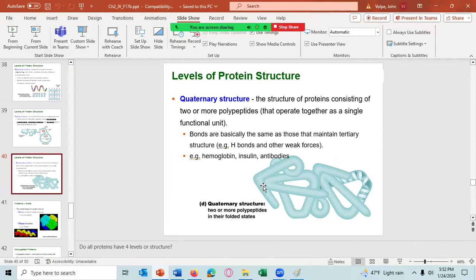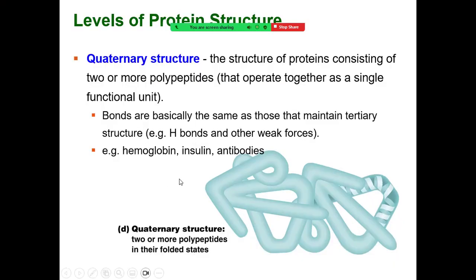And this interaction would be between the amino acids of one polypeptide and another polypeptide. So here, we can say this amino acid here is being attracted to this amino acid there. And maybe this amino acid here is being repulsed from this amino acid here.